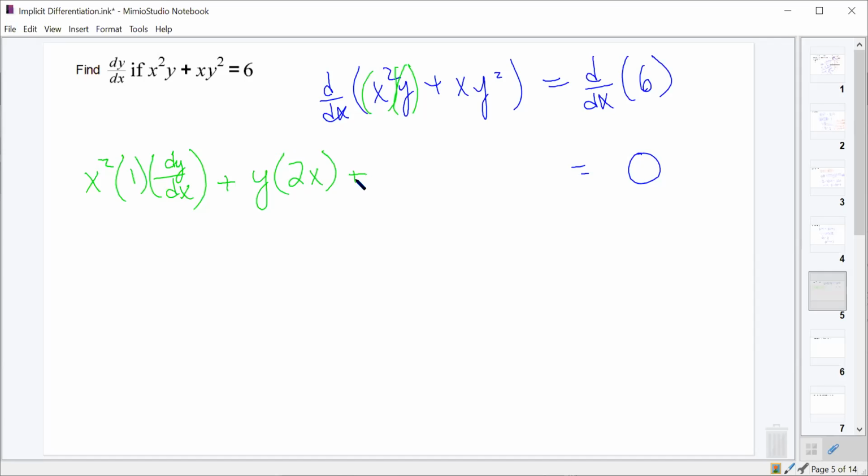Yeah. All right. What about the xy squared? We're going to use the product rule again. Exactly. So the first part will be x, right? Times the derivative of y squared, which is what?